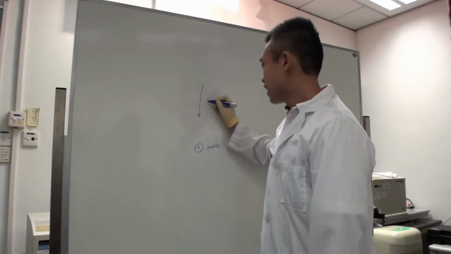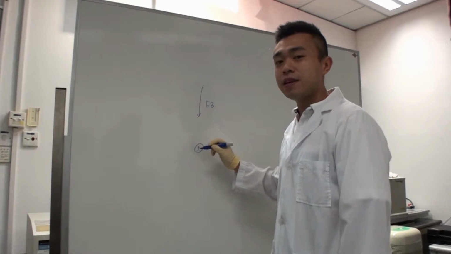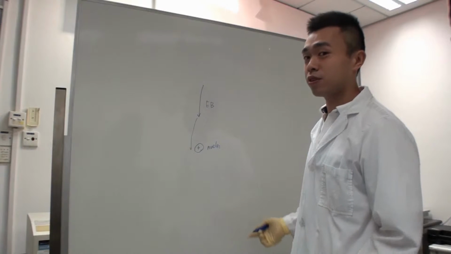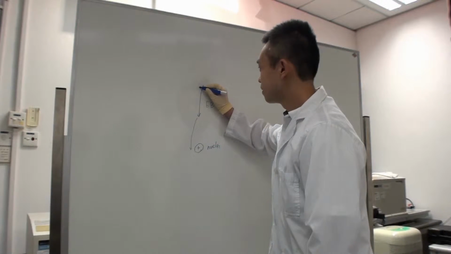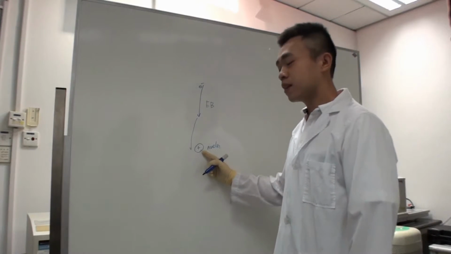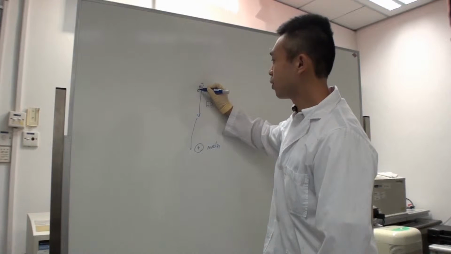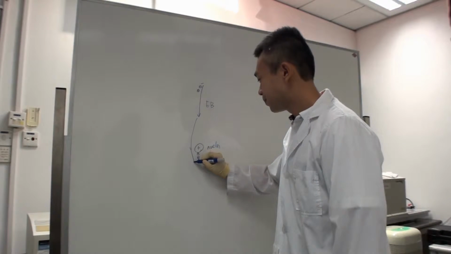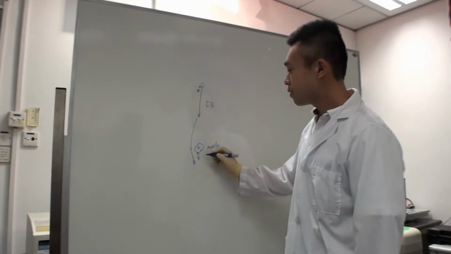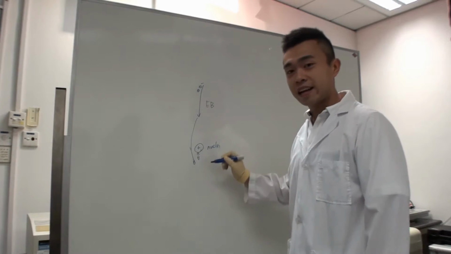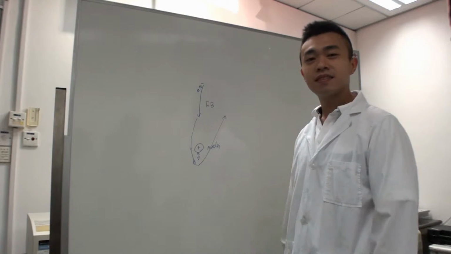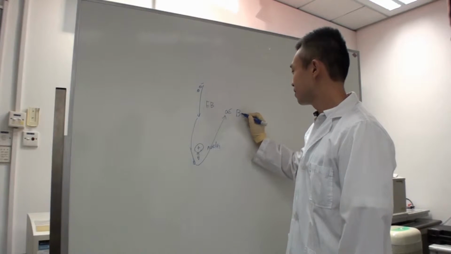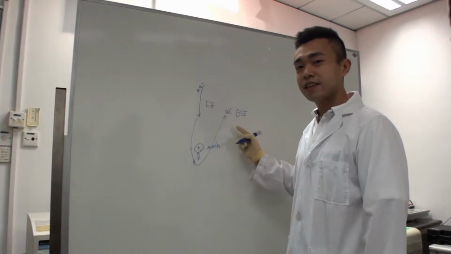If the incident electron directly penetrates and doesn't collide with any extranuclear electron, still, as we all know, the nucleus is positively charged and the electron is negatively charged. So there is a force between them. Because of this force, the incident electron will go back. And this is called a backscattered electron. It is a scattered electron.